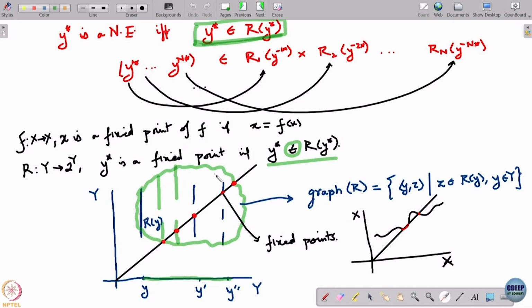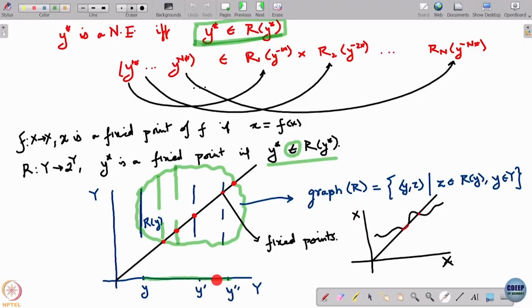Remember R itself is a tuple of best responses, a Cartesian product of best responses. So what am I taking when I take a sequence of points? I take a sequence of y's and corresponding best responses to the y minus i's from that sequence.